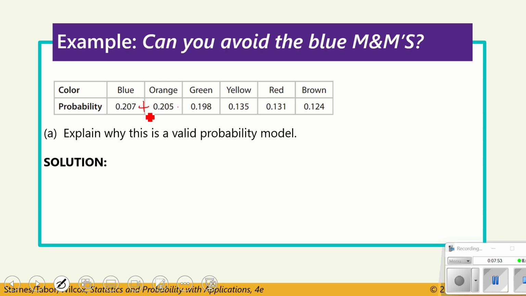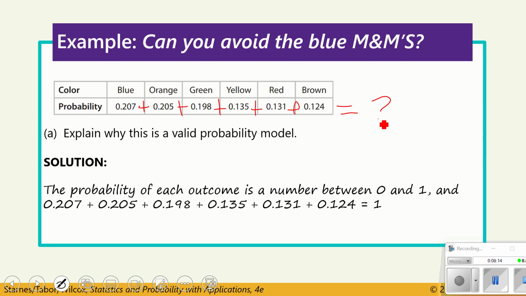So grab your calculators real quick. And we want to know, does that equal 1? So 0.207 plus 0.205 plus 0.198 plus 0.135 plus 0.131 plus 0.124. And when we add those all up, we do find out indeed it does add up to 1.